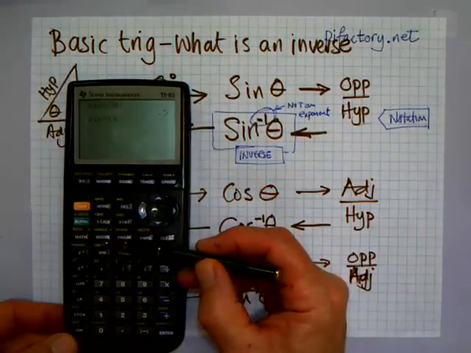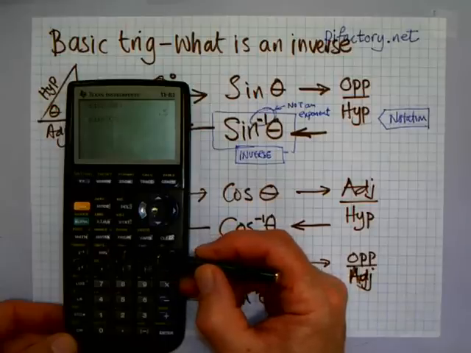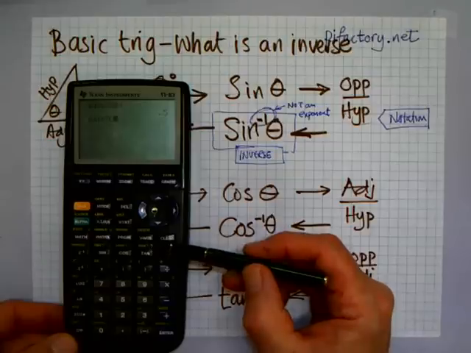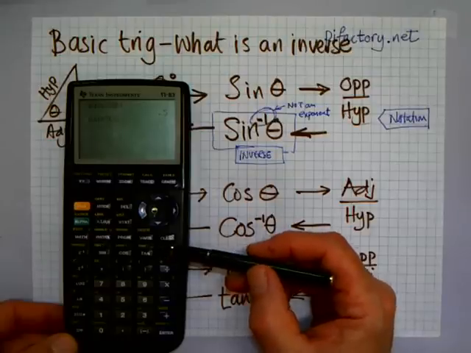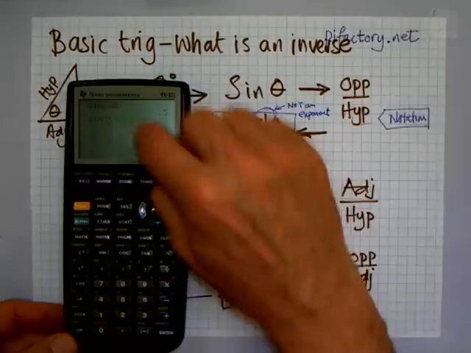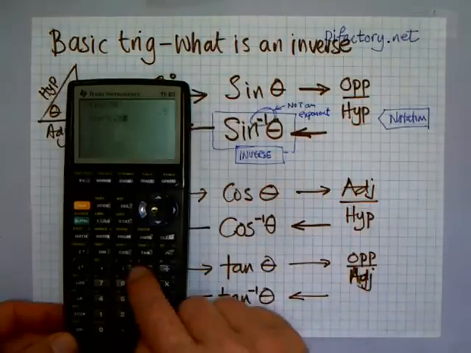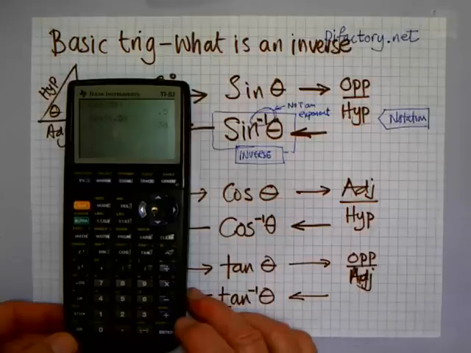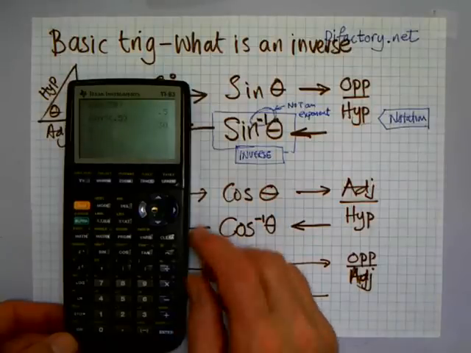And you'll see the little inverse sine in yellow just above the sine button, inverse cosine above the cosine button, inverse tangent above the tangent button. If we now put in 0.5 there, and the parentheses, hit that, yep, it gives us 30.